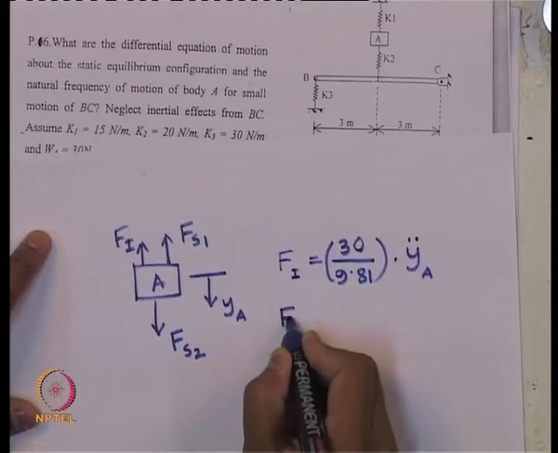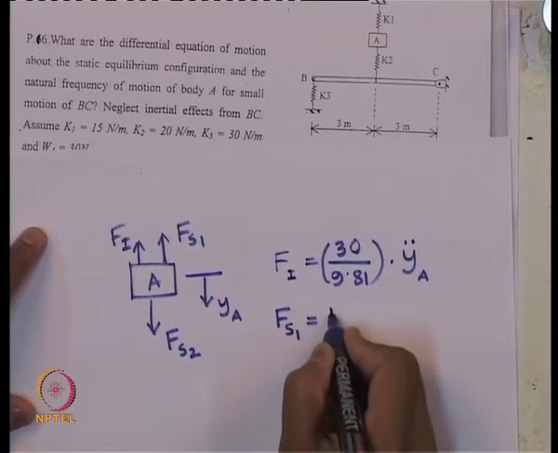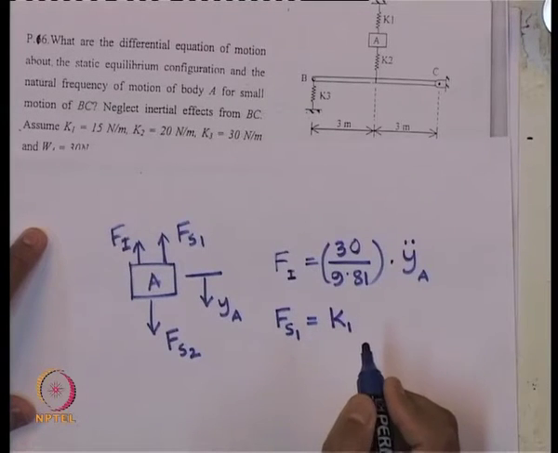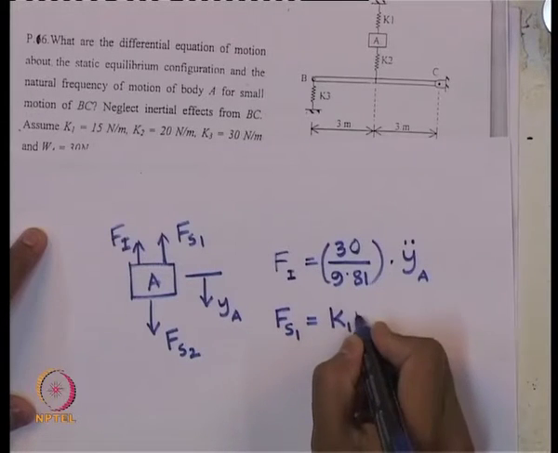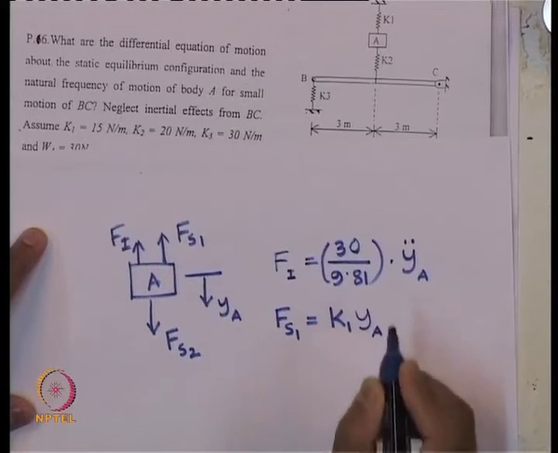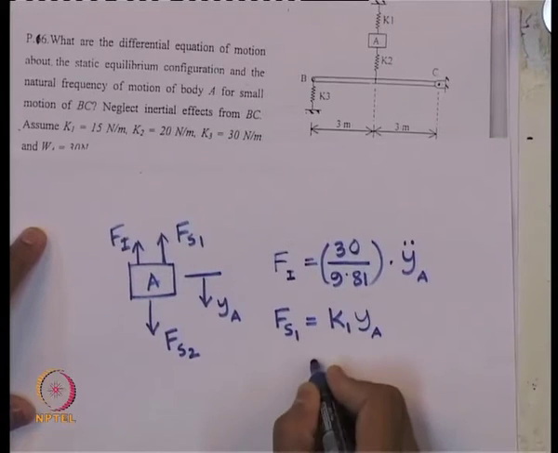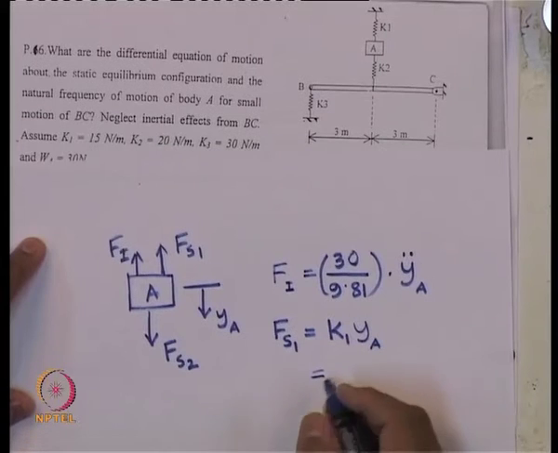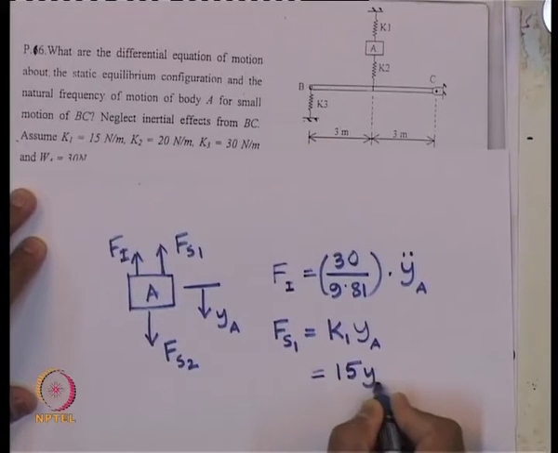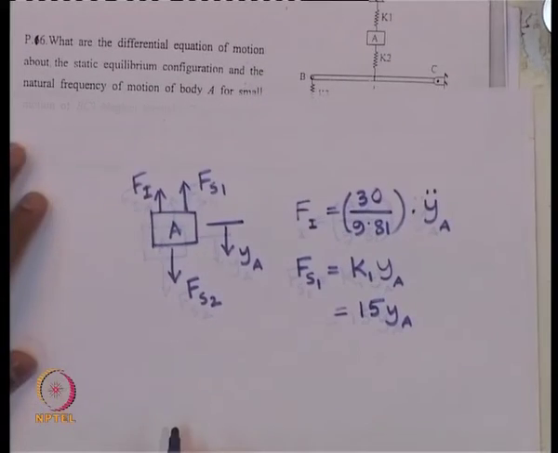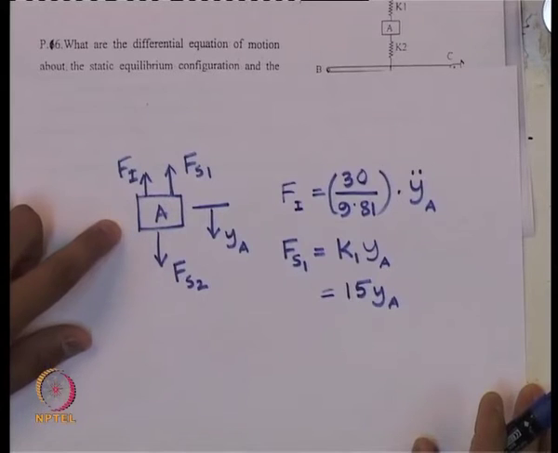And how much is the spring force F S 1? That is spring constant K 1 times the relative displacement, that is y A only, because the other end is a fixed end. Now, the K 1 value is given to us as 15 Newton per meter. So, 15 y A.